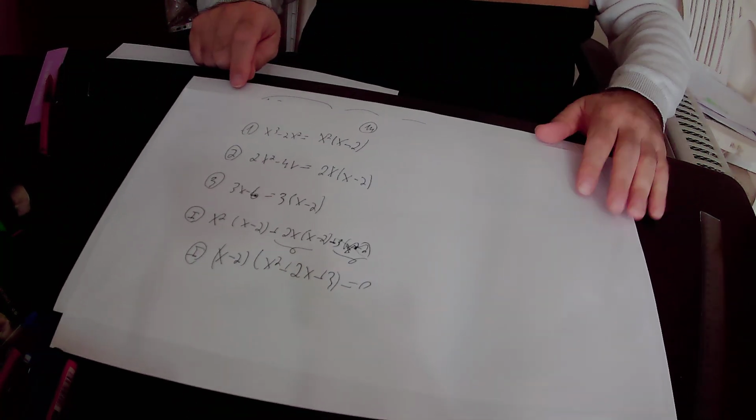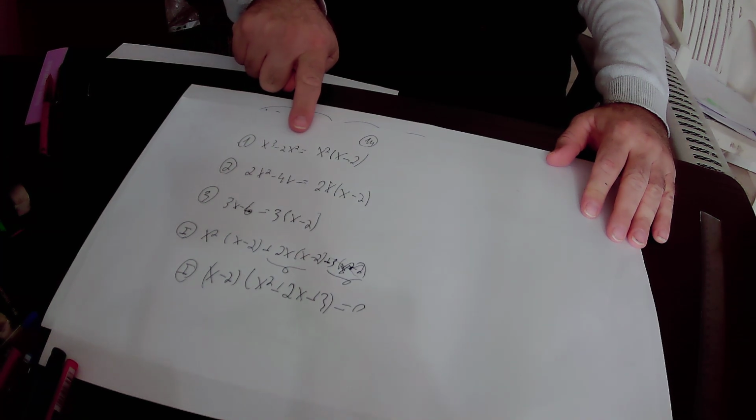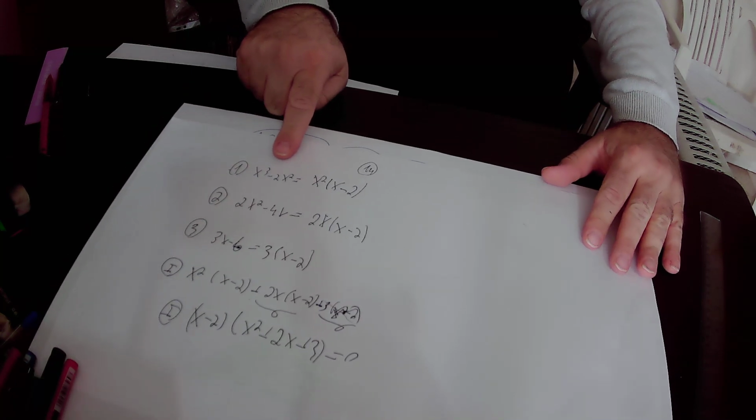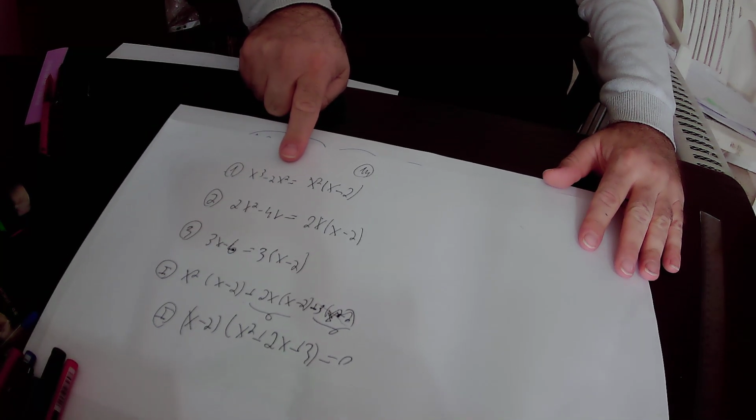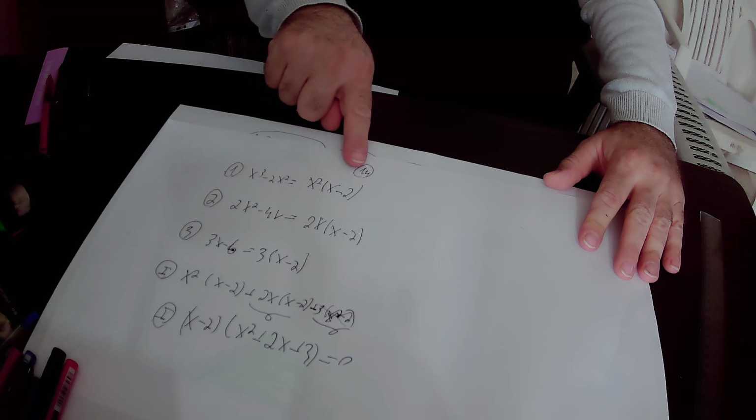So the first part of equation number 1 is x cubed minus 2x squared, and the common factor we took is x squared. If you take x squared as a common factor, inside the brackets you will have x minus 2.